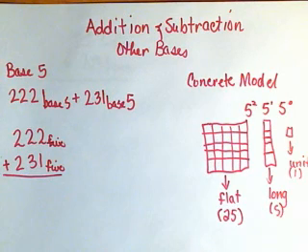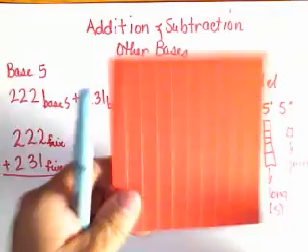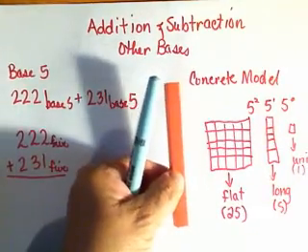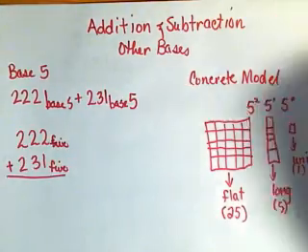So let's take a look at the concrete model with the borrowing and trading and see if we can identify how to add in base 5. Now we need to know that in base 10 a flat had 100, a long had 10, and a unit was a unit.